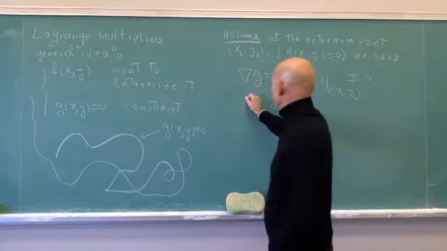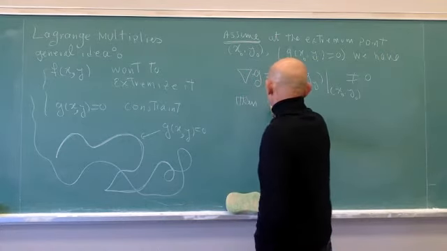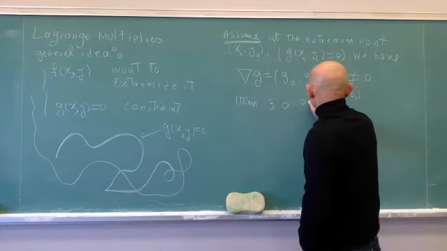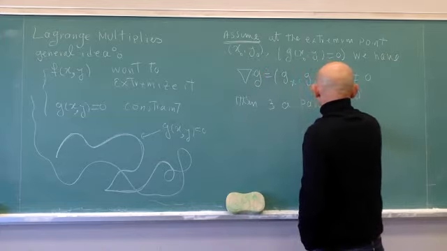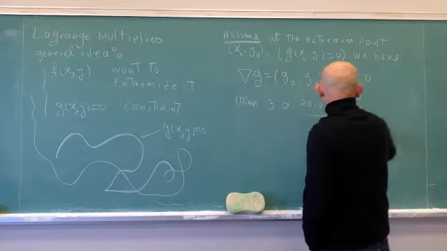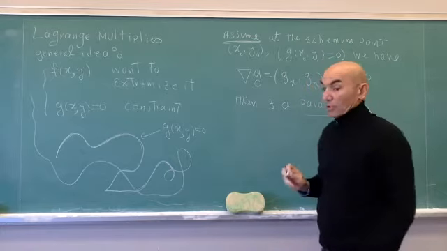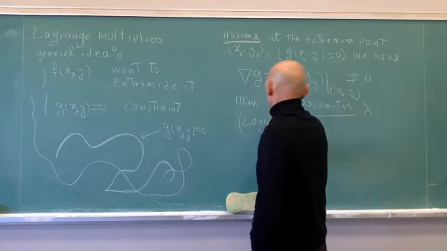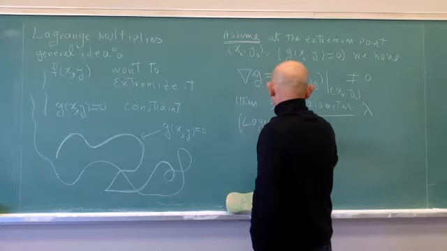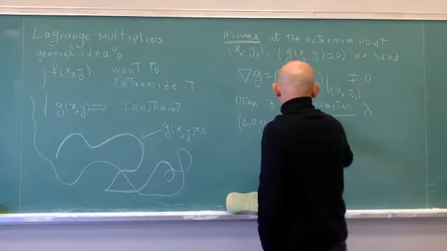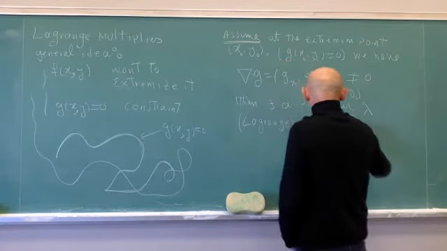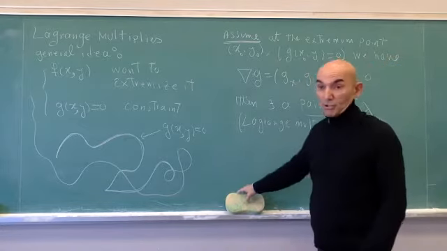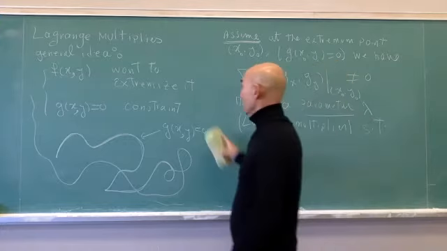Then there exists a number or parameter lambda, so this is called the Lagrange multiplier, such that now we have these two equations satisfied.